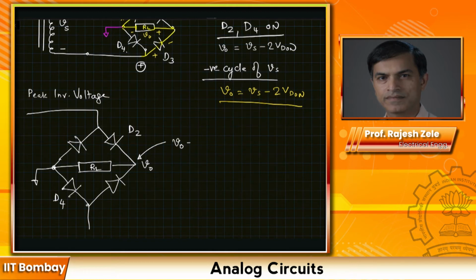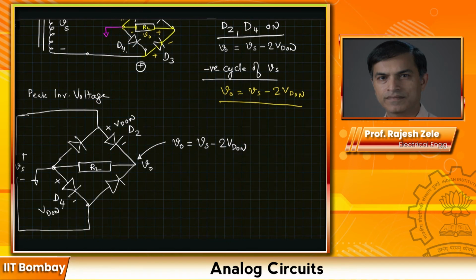V out is equal to Vs minus 2 Vd on, because there is plus minus Vd on here, and there is also plus minus Vd on across these guys, and this is equal to plus minus Vs.